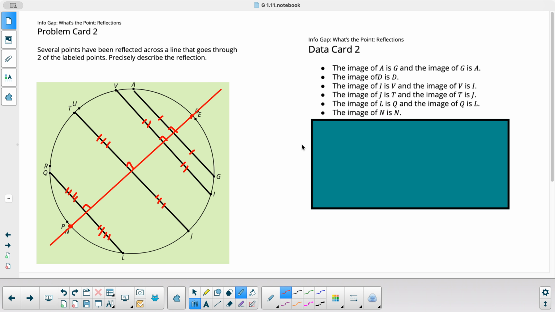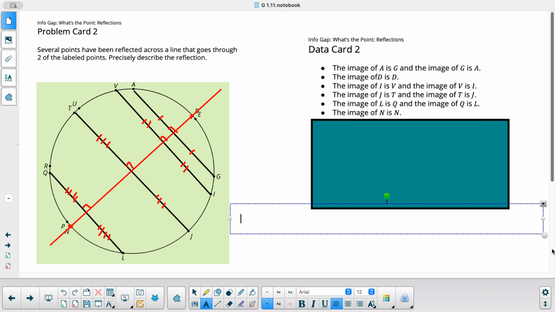So I would say, I guess I need to do that here. Reflect points A, D, I, J, L, and N across line ND.